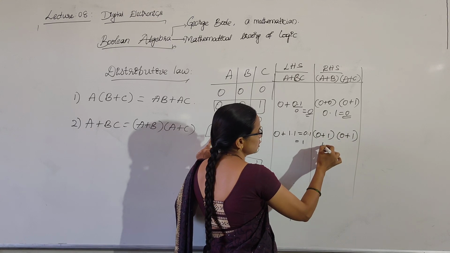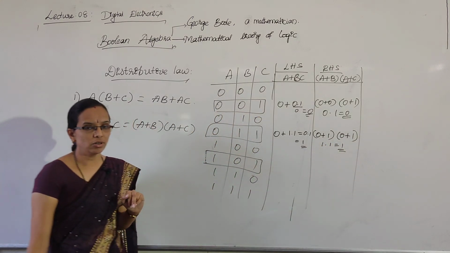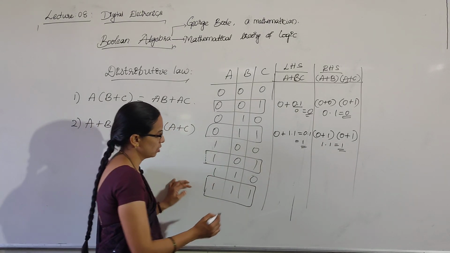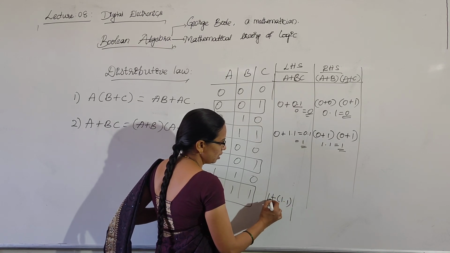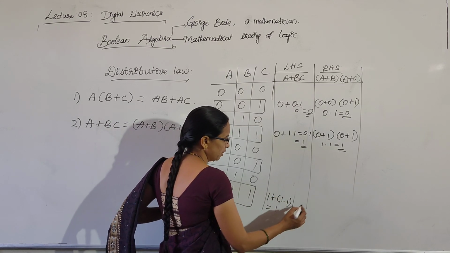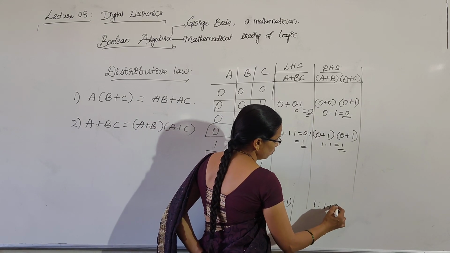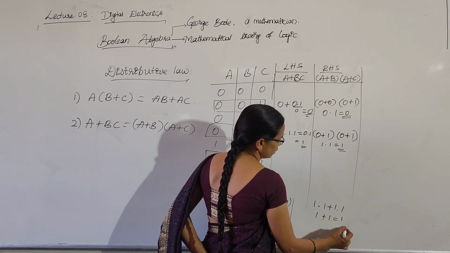In both the cases it is 1 and 1, that is 1 only. So it is proved. If you want, I will take the last one again. 1 or 1 and 1, that will be 1 or 1, that will be 1. 1 or 1 and 1 or 1, 1 and 1 will be 1.